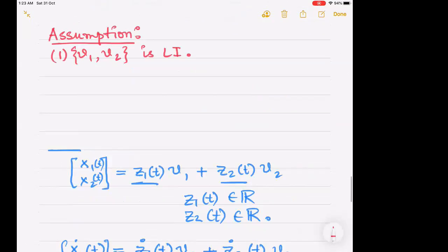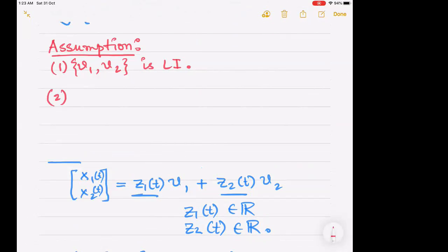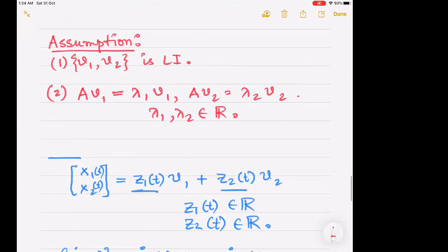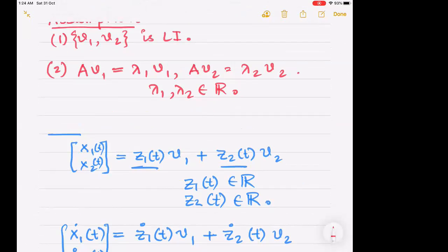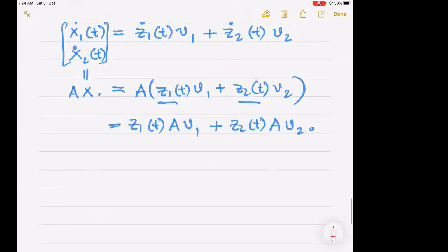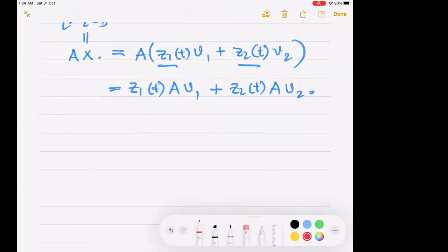We don't know whether this is possible or not, but let us just assume that A times v1 is equal to some lambda 1 times v1, and A times v2 is equal to some lambda 2 times v2, where lambda 1 and lambda 2 are some real numbers, right? This is an assumption, by the way, a red color assumption, so we don't know whether this is going to be true always or not, but let us say that this is the situation, and we'll see what happens in this scenario.